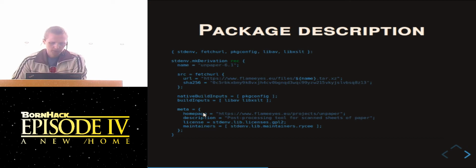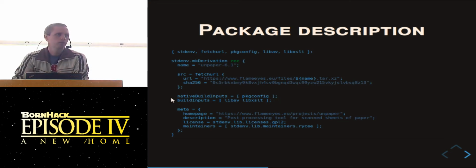I won't go into super detail, but basically you have the typical things you would need when you're defining a package. You have a package name, a human readable name, which is still useful instead of these long hashes. It says where you should get this package from, the tarball containing the source code. It says which kind of build dependencies you have. In this case, the package config is simply a build dependency.